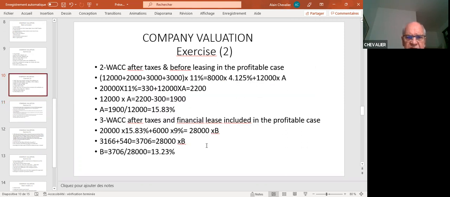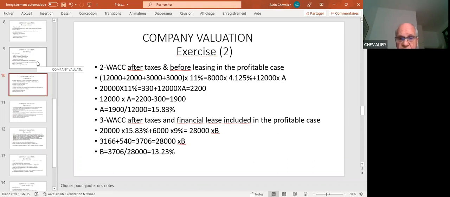Now, the second point is the introduction of other financial resources. I want to introduce progressively different kinds of financial resources, which are not clearly straight debt or classical equity made of new equity, ordinary shares, and retained earnings.